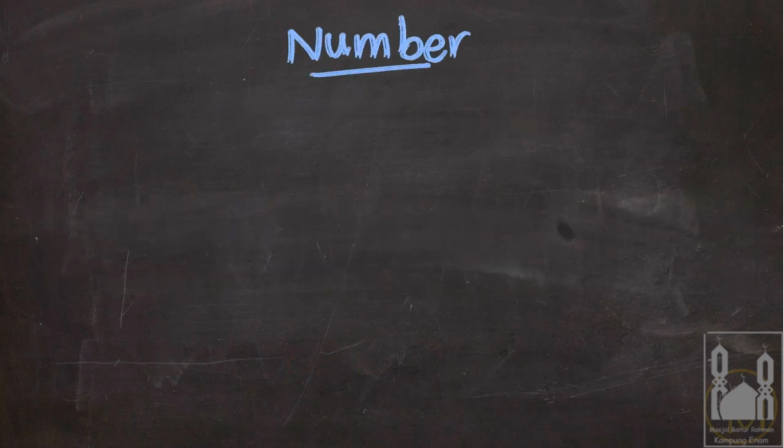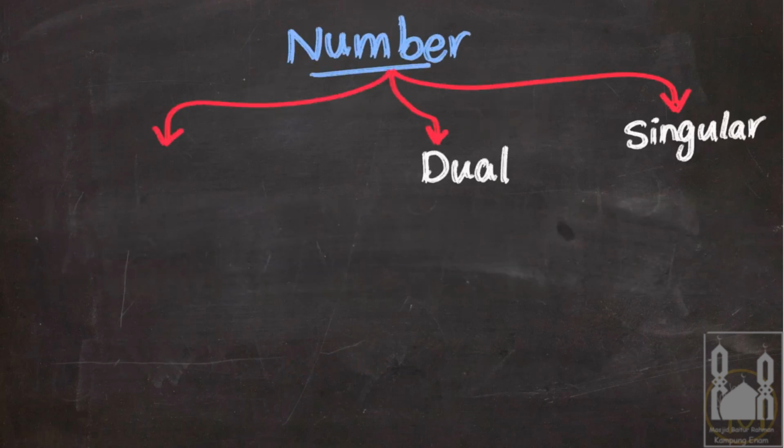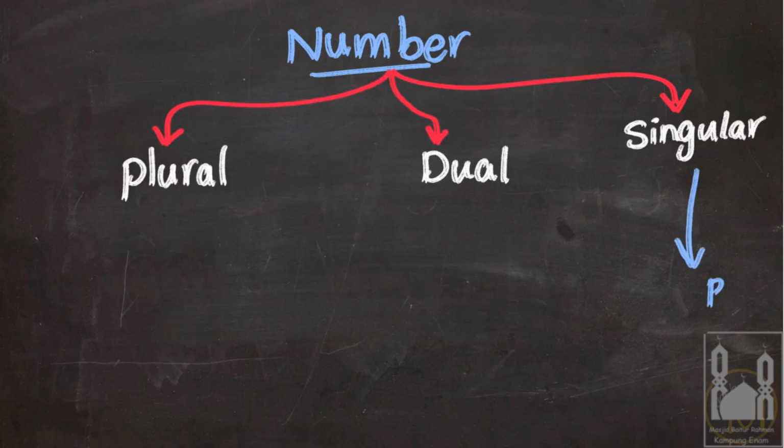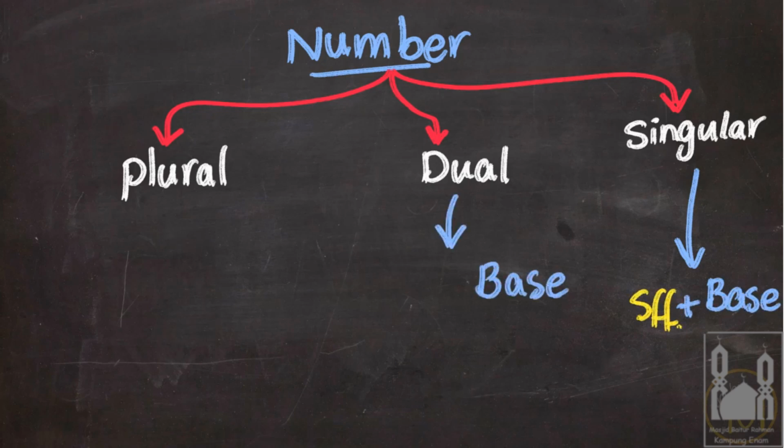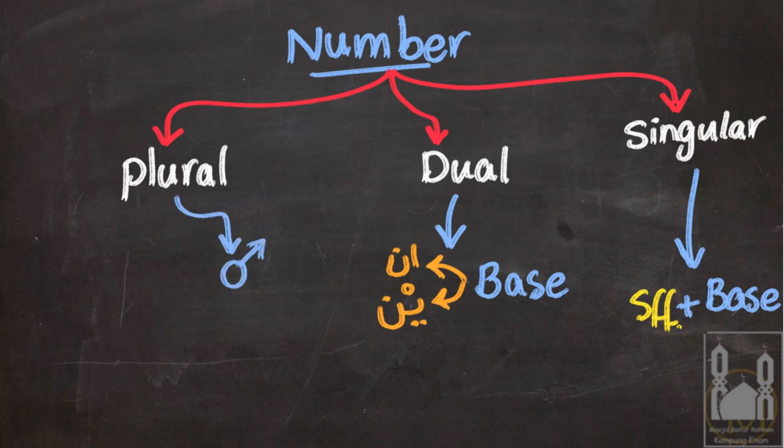So in short, the Arabic nouns could be singular, dual, or plural. Singular nouns are the base form, or the starting point if you want to add suffixes to them. To make a dual noun, masculine or feminine, you add alif and noon or ya and noon to the end of the singular noun. And to make a plural form of a masculine noun, you simply add waw and noon or ya and noon to the end of the base form.